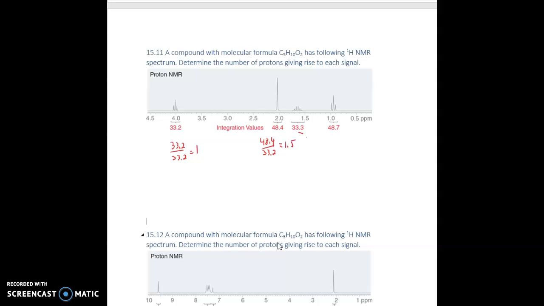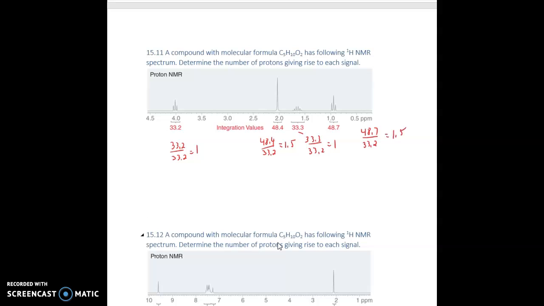This gives us 33.3 divided by 33.2. That's going to give us 1. And 48.7 divided by 33.2 also gives us 1.5.